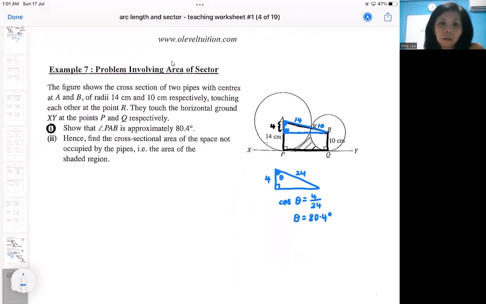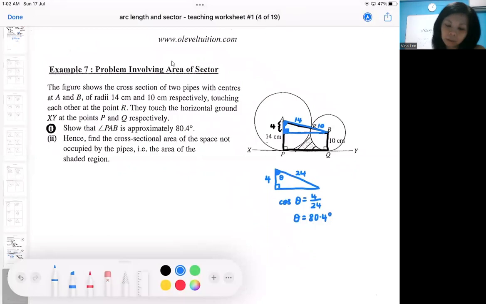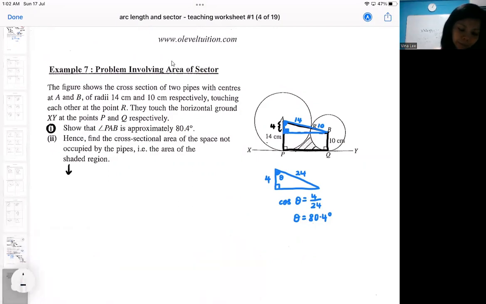Okay, so then I'm supposed to find the area of the shaded region. So you are supposed to see that the shaded region is based on the trapezium subtracting a pizza.